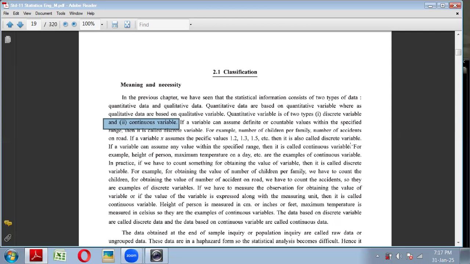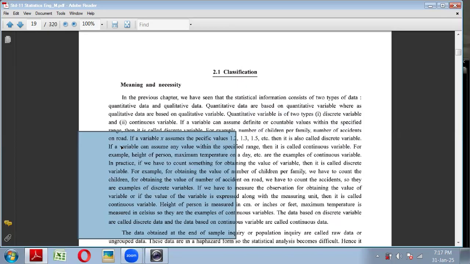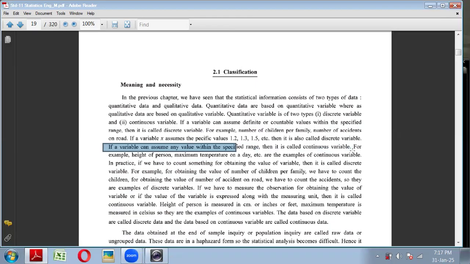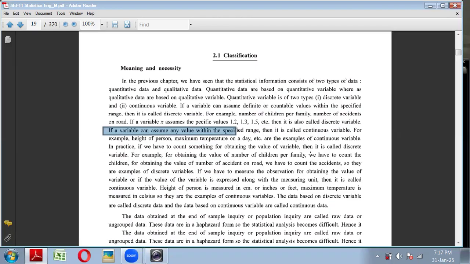Basically, when there are no classes given, it is called a discrete variable. And if some classes are given, then it is called a continuous variable. If the data is represented in class form, that is called a continuous variable. I will discuss in the next session, when we come to the numerical sums, what are continuous variables and what are discrete variables.